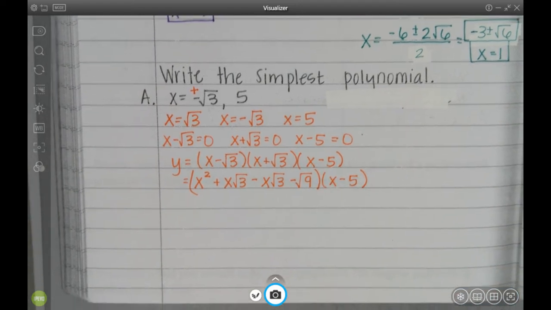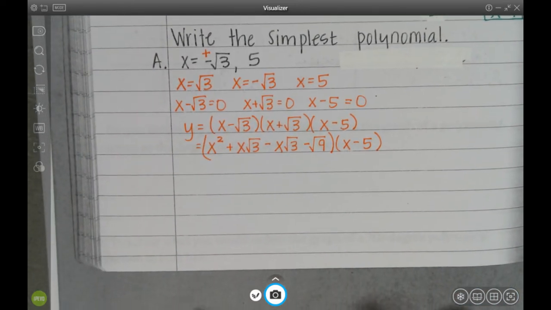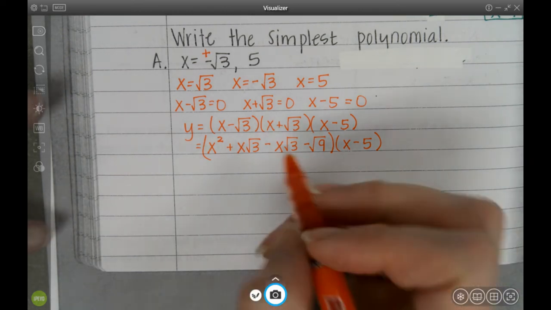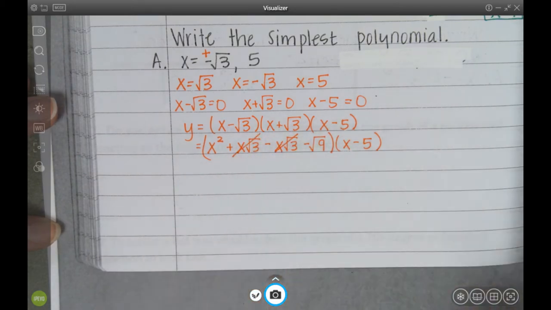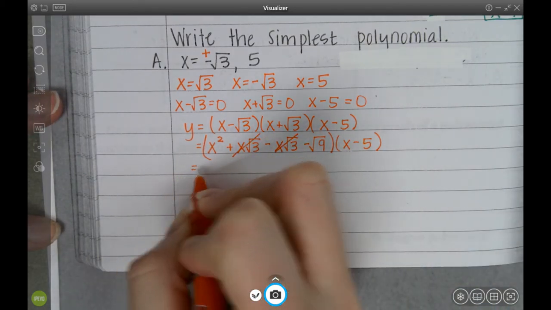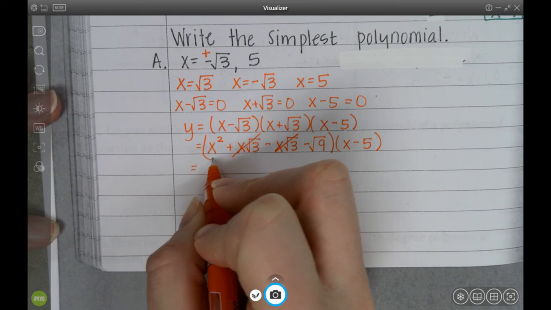Okay, anytime you start with an answer that has an i or a square root, your final equation will not have that. These terms are going to cancel every time. What's the square root of 9?